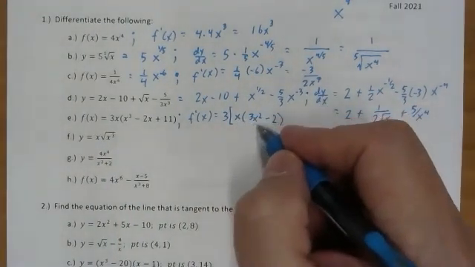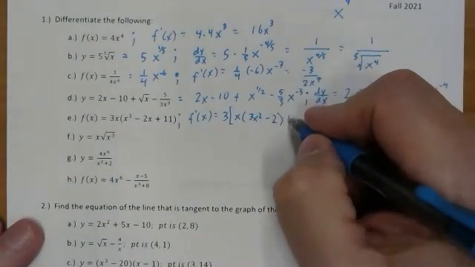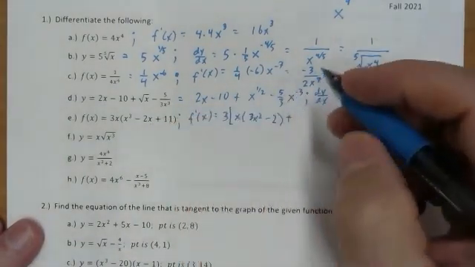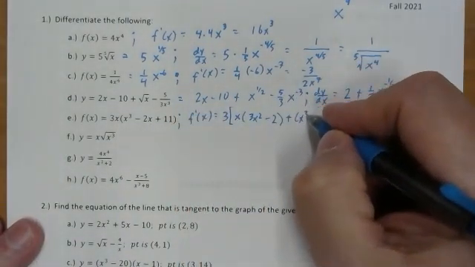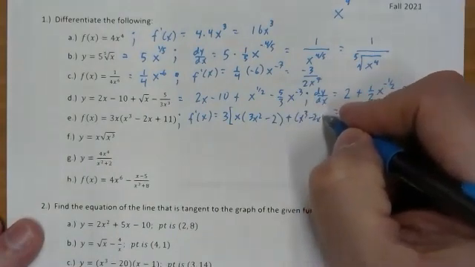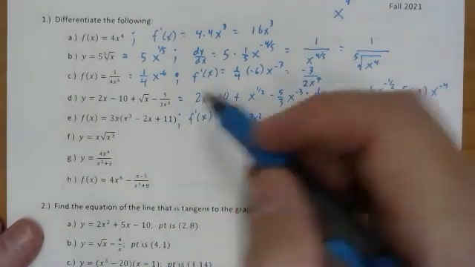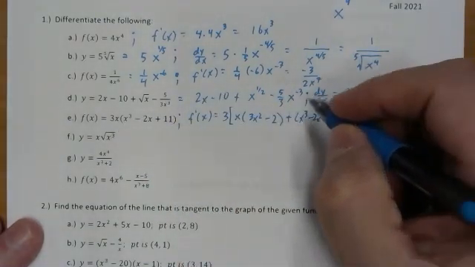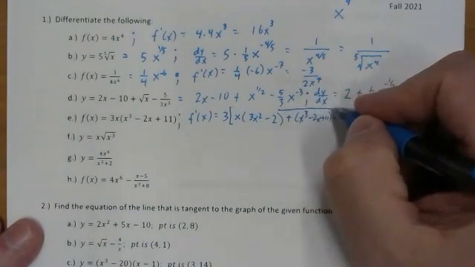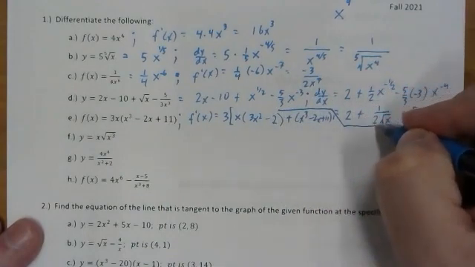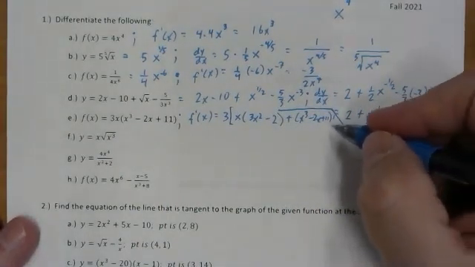The first times the derivative of the second plus the second, the whole parenthesis, times the derivative of the first, which is just 1. Hopefully you can see.